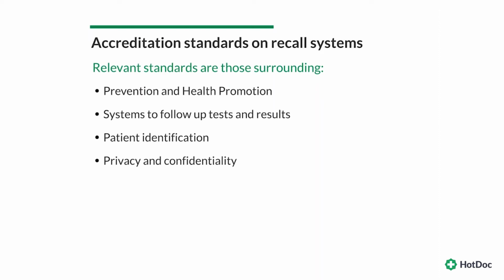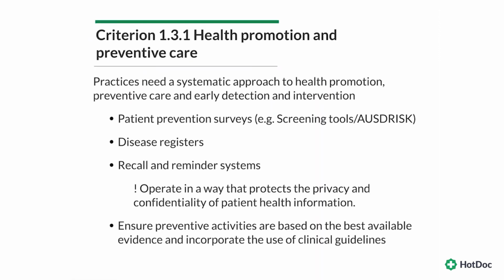So one of them is criterion 1.3.1, which is health promotion and preventive care. In our standards, so this is our RACGP standards, it dictates that practices need a systematic approach to health promotion and preventative care in order to promote early detection and intervention. Because there is no one way that this can be done, the suggested methods in the standards are the use of patient prevention surveys.